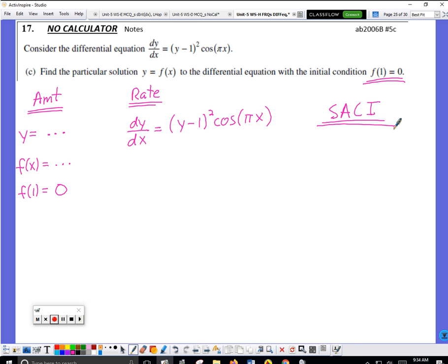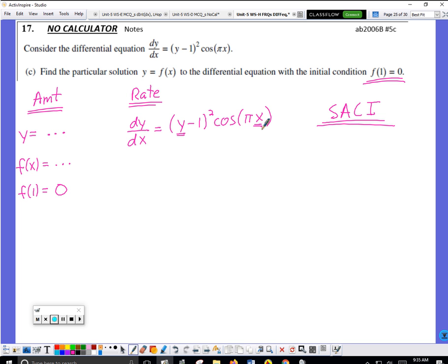So we are trying to solve the differential equation, which means we're trying to go backwards to find this equation. Because the differential equation contains both the output variable and the input variable, we have to use the SASSY method. The S stands for separate. We have to separate input and output variables.